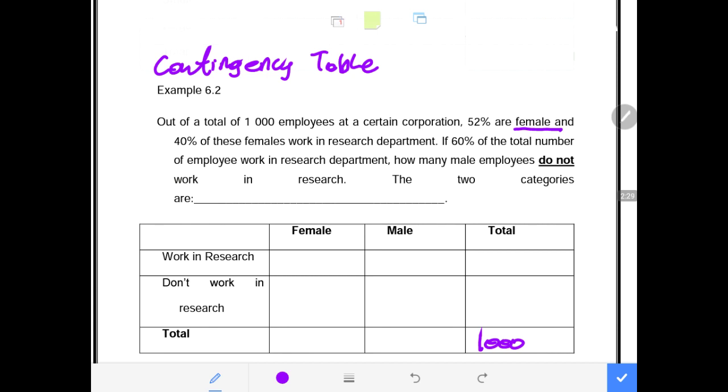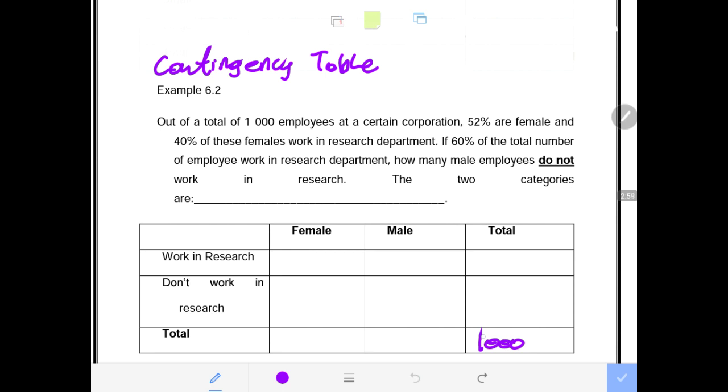So now we also have those who work in the research department and also have those who do not work in the research department, meaning they work in other departments. Even if you say work in other departments, that will still be fine. You don't have to specify that they don't work in research department, meaning they work in other departments, or in another department, because there might be two departments or more than two departments.